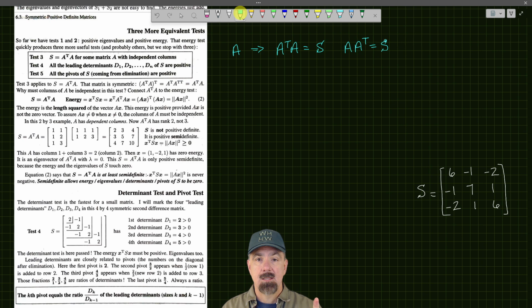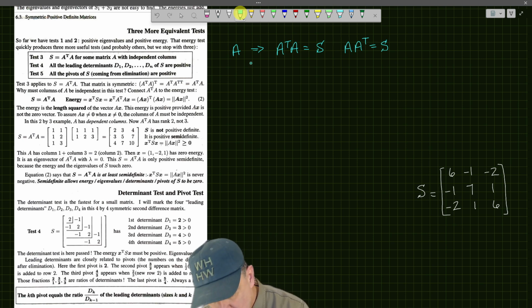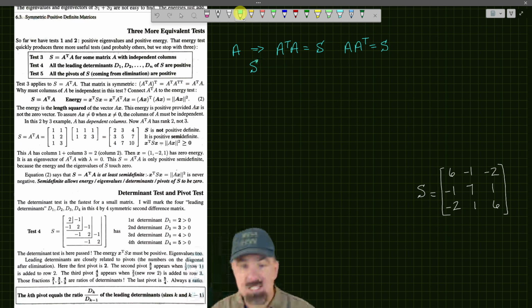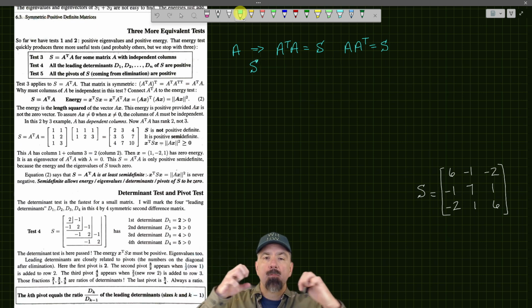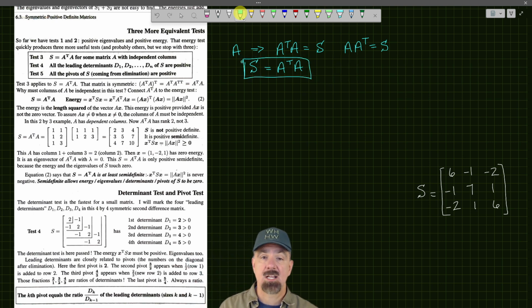The amazing thing is that if we have a symmetric positive definite matrix, the reverse is true. We can take the positive definite symmetric matrix and pull it apart into A transpose times A. So this result, which is not necessarily true in general, is true for symmetric positive definite matrices. We'll take a look at that at the end.